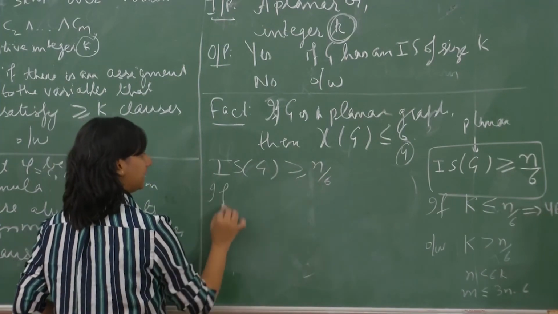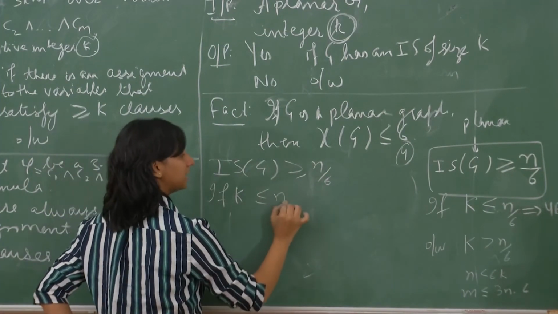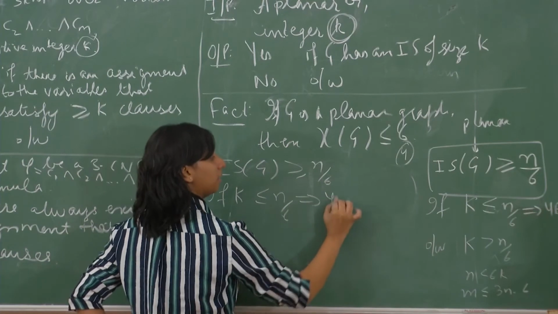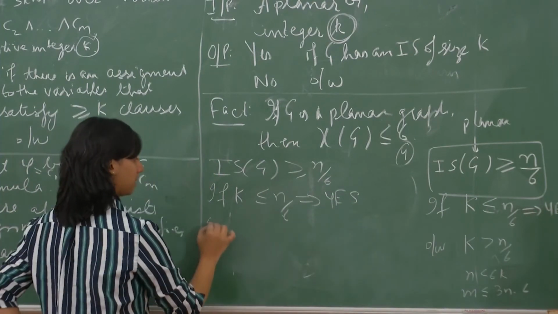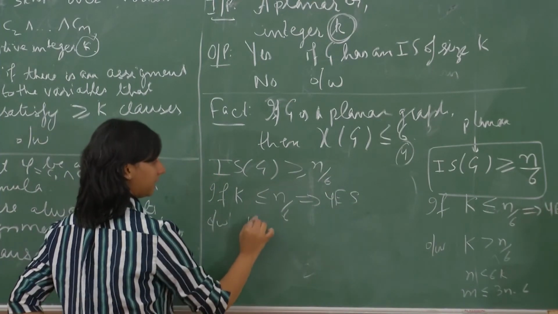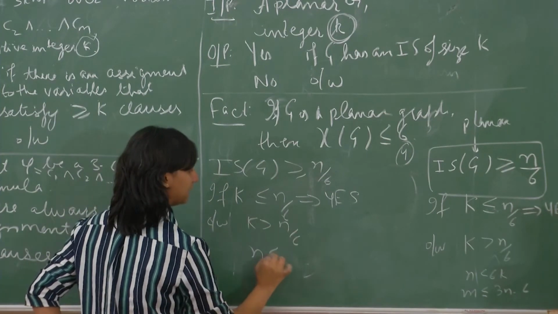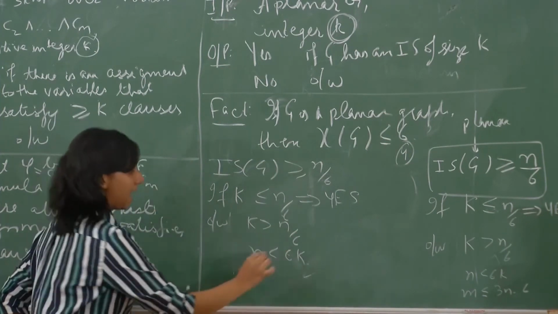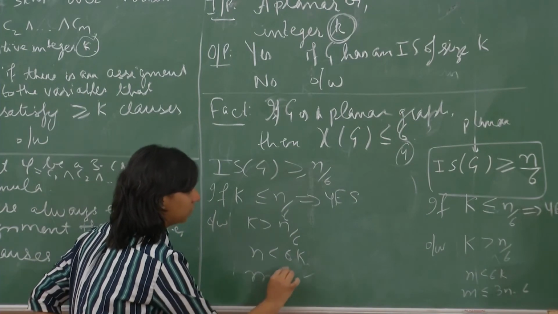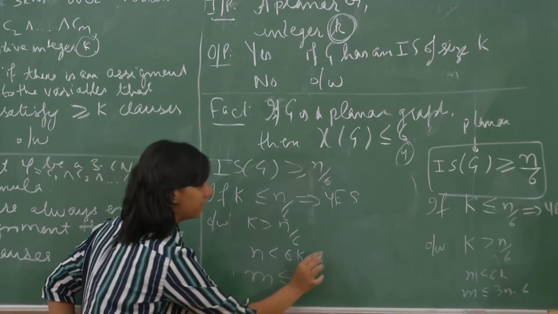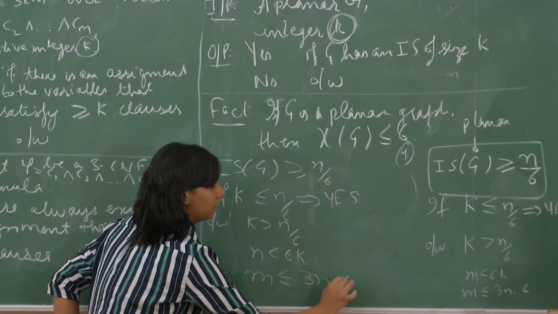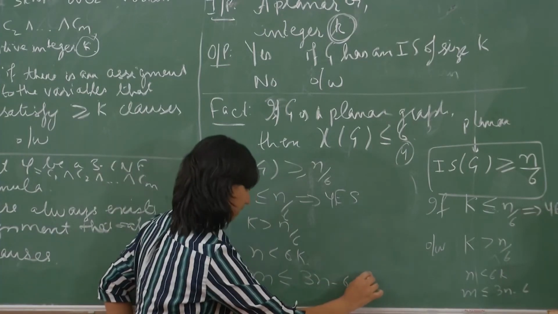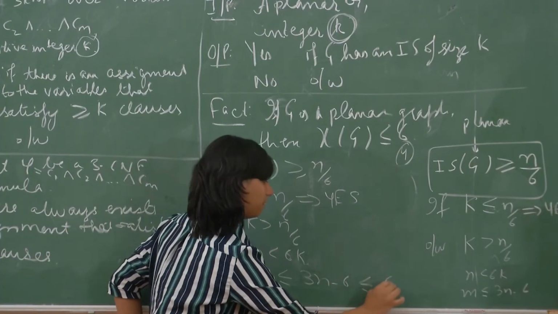From there we said that if K was at most n by 6, then say yes. Otherwise, K is greater than n by 6, which means n is at most 6K. And in planar graphs, the number of edges m is always at most 3n minus 6. So this gives us a bound on the number of edges also.